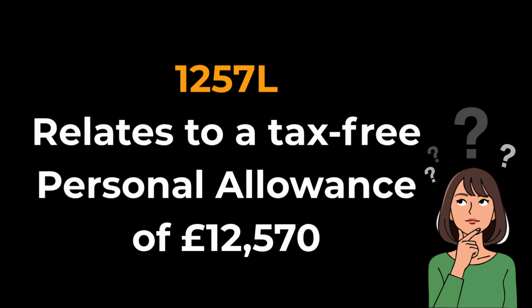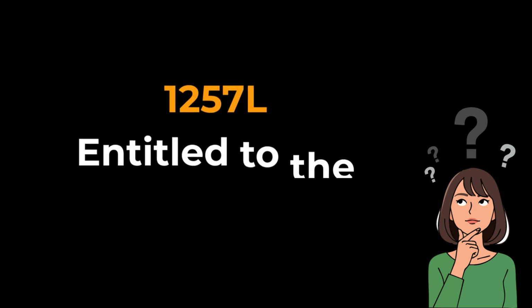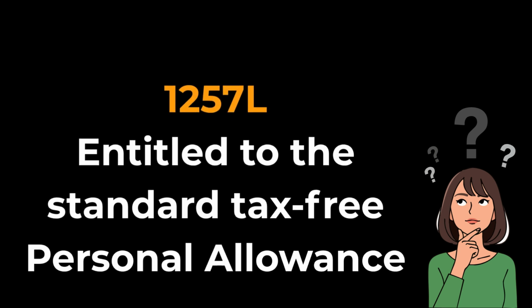So the 1257 equates to 12,570. And then the L indicates that the employee is entitled to the standard tax-free personal allowance. So broadly speaking, a tax code of 1257L tells payroll that the employee has the standard personal allowance.